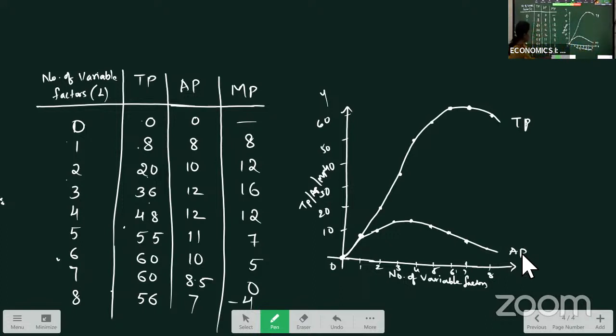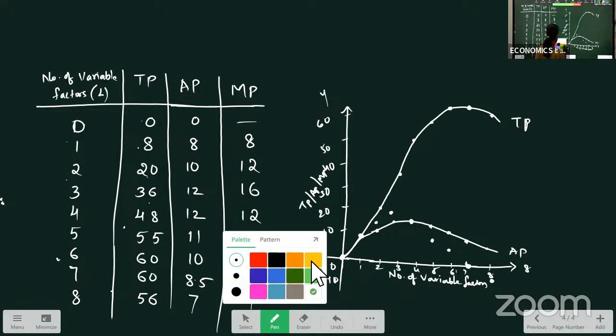Same way, do the MP curve here. MP same, 0, 8. For 2 units it is 12. 3, 16. 4, 12. 5, 7. 6, 5. 7, 0. 8 is minus 4. Minus 4 means it will come here, with a negative sign. So you join all the points here.